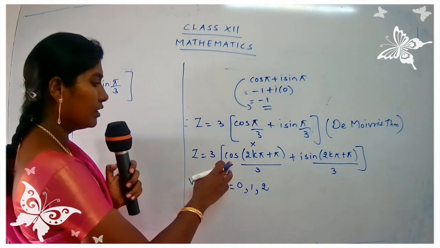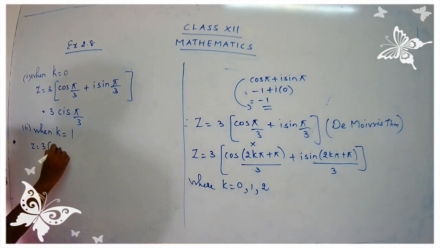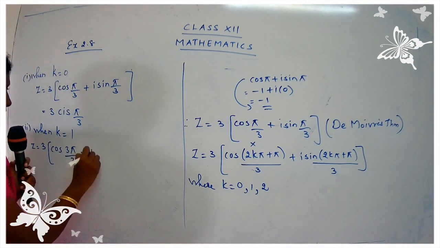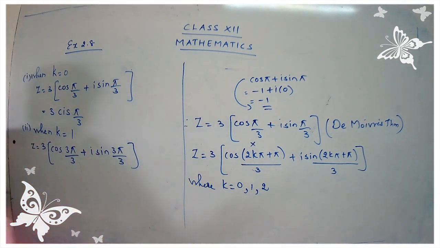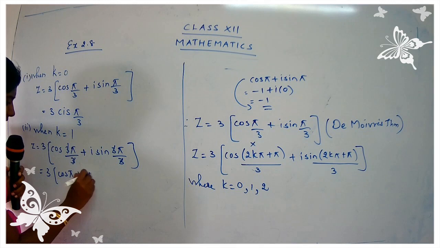So I'm going to write down here cos of 3 pi upon 3 plus i sine 3 pi by 3. We can cancel 3 and 3. So what is left here? 3 cos pi plus i sine pi.